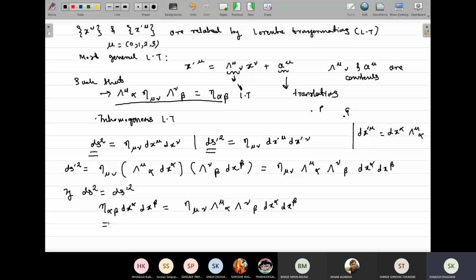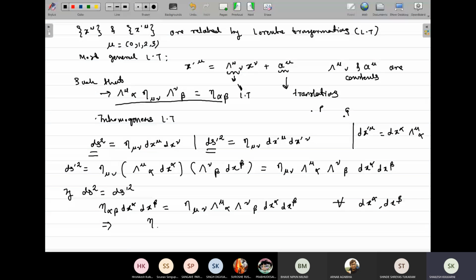Okay, this implies, now this happens for all dx alphas, dx betas, right? Because these are two arbitrary points. So this should happen for any differential. What does it mean?